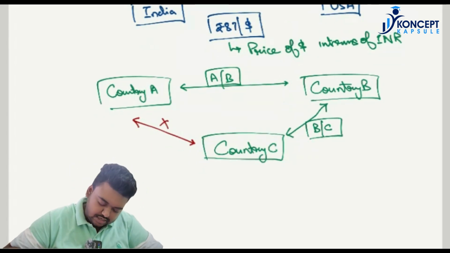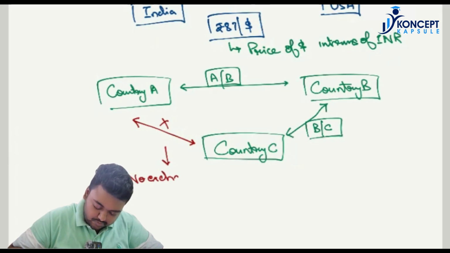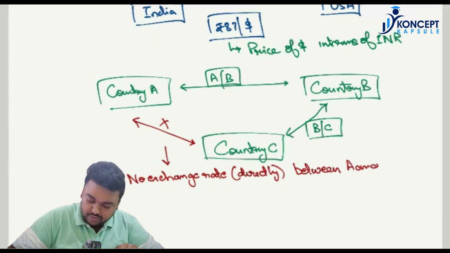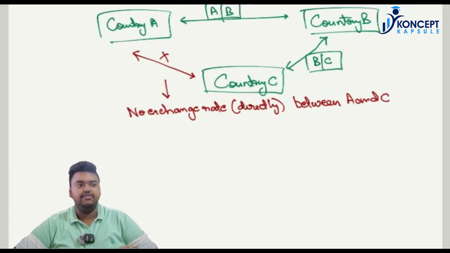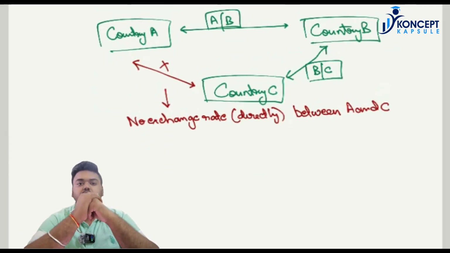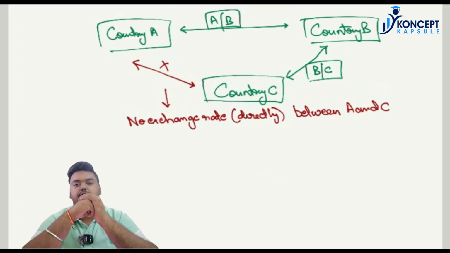There exists no exchange rate directly between A and C. Guys, do you think this situation is possible? Do you think this situation where there exists no exchange rate between A and C is possible?